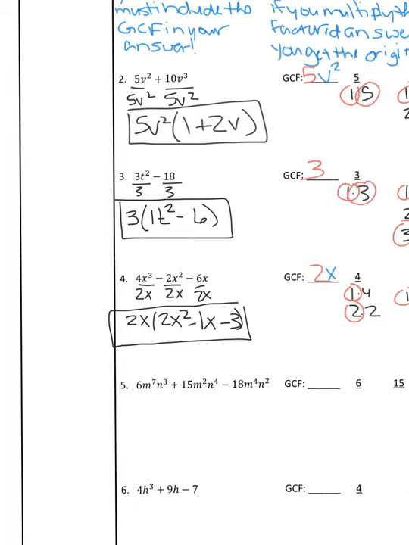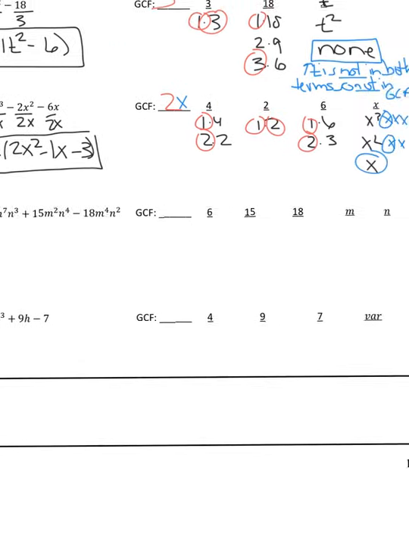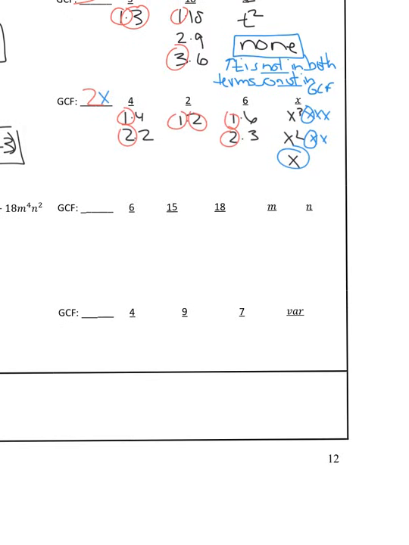Now, down here, number 5, this one's a little bit more complicated because we got 2 variables. So let's just check and make sure we are good with doing 2 variables. So I'm going to scroll over here to the right. I have all my stuff lined up so we can do this math. All right, the factors of 6 are 1 times 6 and 2 times 3. Factors of 15 are 1 and 15 and 3 and 5.